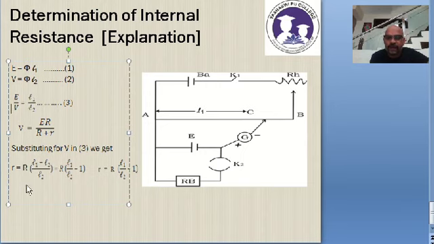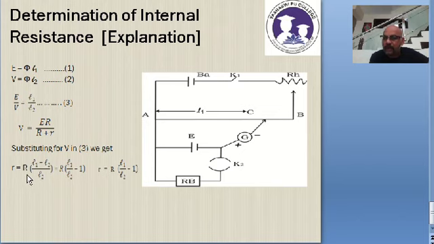Substituting for V, you will get r, the internal resistance of this cell, equal to capital R into L1 minus L2 divided by L2.